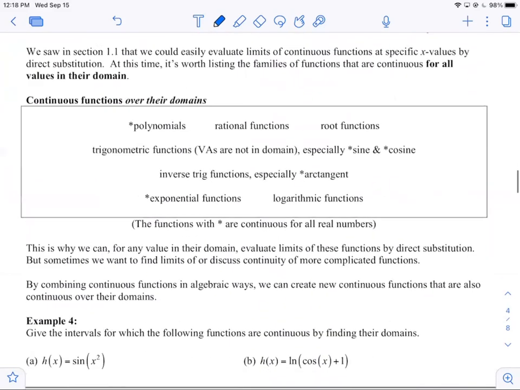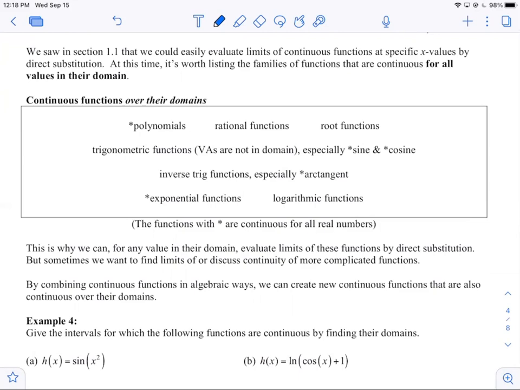All right. So again, this is because the theorems that we're going to talk about depend on continuity so much. This is a non-exhaustive list of functions that are continuous over their domains. Polynomials, rational functions even. Rational functions can have holes and vertical asymptotes, but those would not be in the domain.